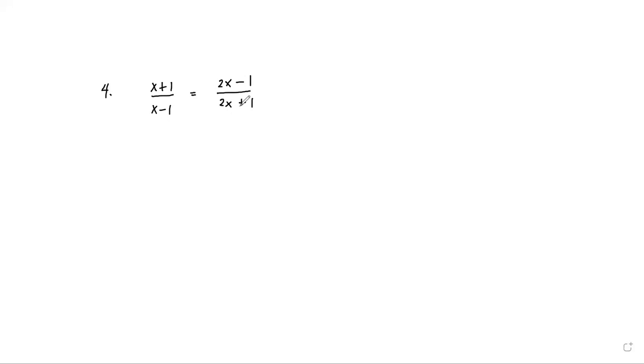So it's easy to get the LCD. We just multiply x minus 1 and 2x plus 1. So our LCD here is x minus 1 times 2x plus 1. And we multiply this one by x minus 1 times 2x plus 1.